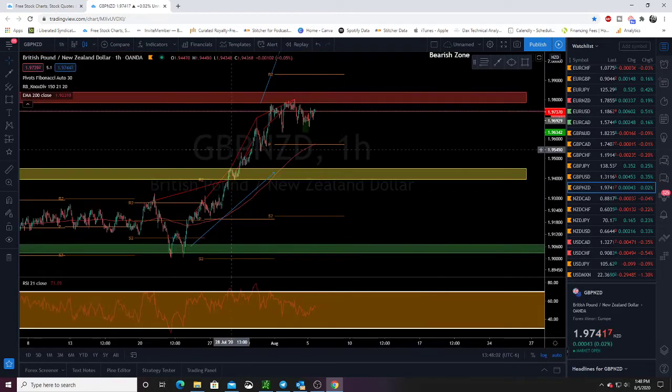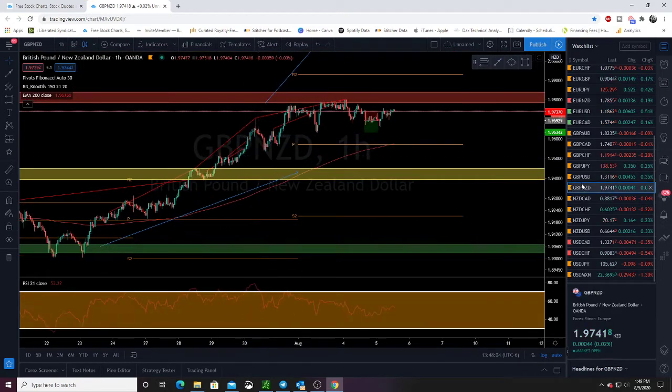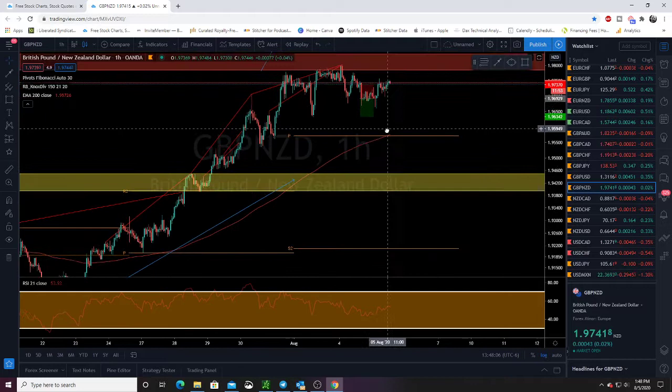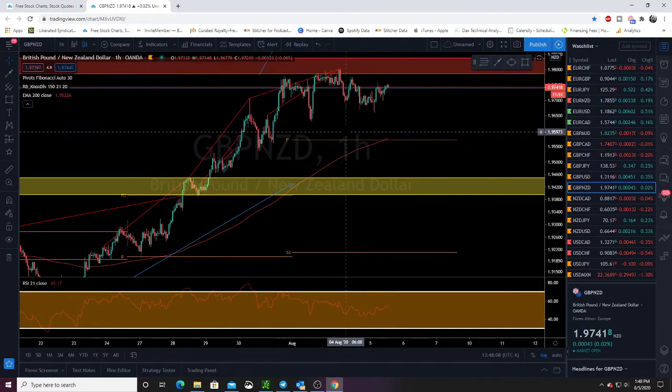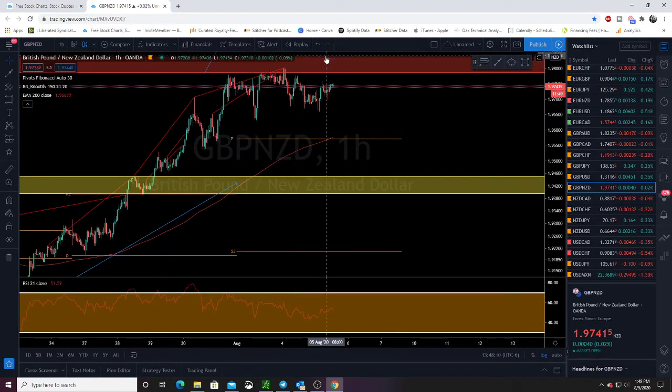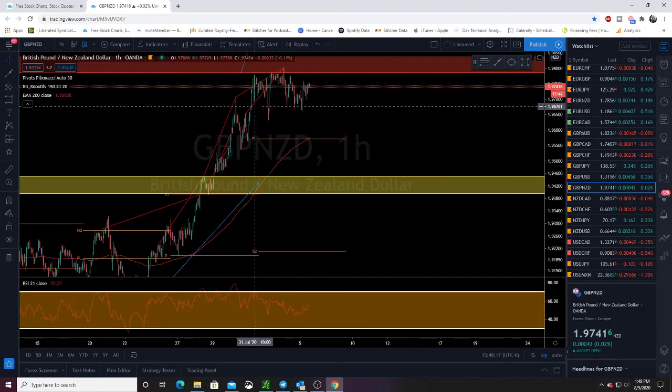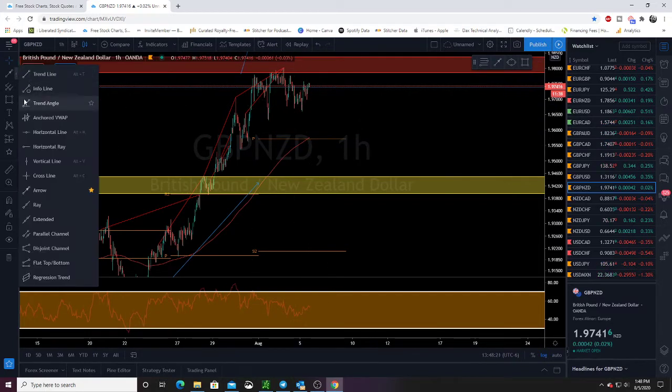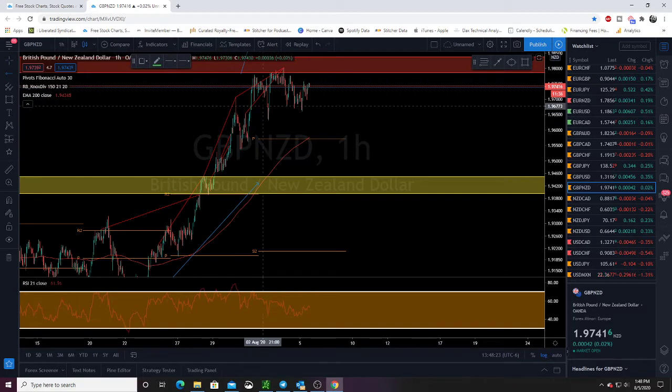British pound NZD. So you can see we have a trade here that went horribly wrong. Can't win them all, right? But we're backed up against this resistance. Starting to be able to see a smaller, we're pinching it right here. So I'm going to put an alert right there.